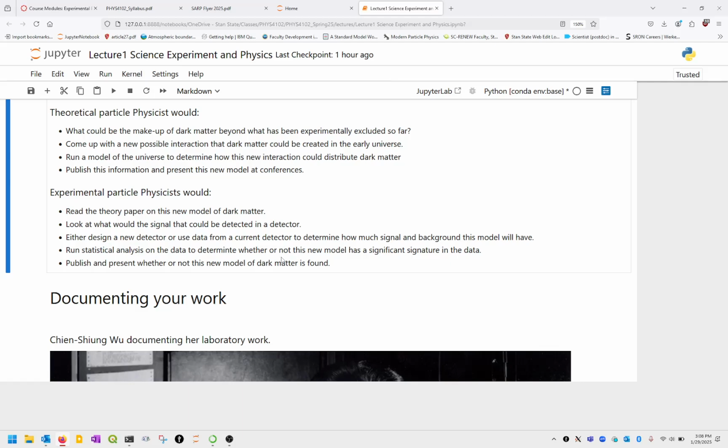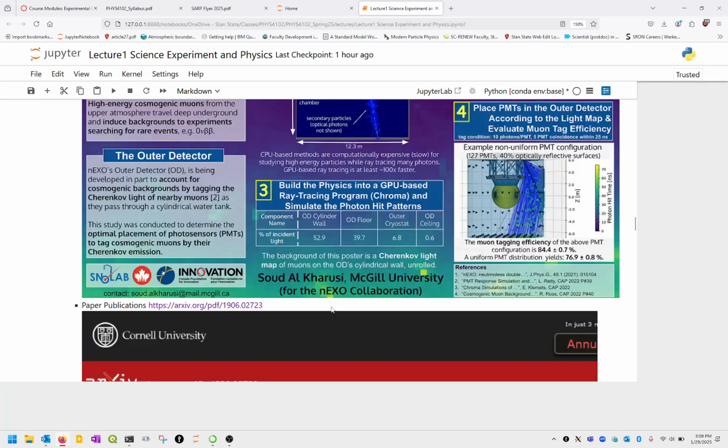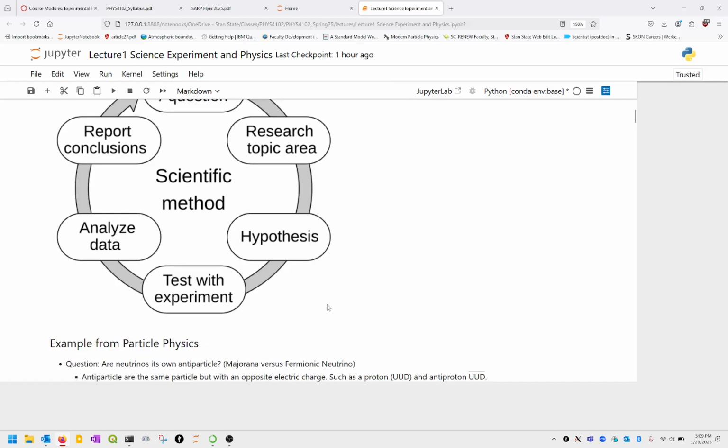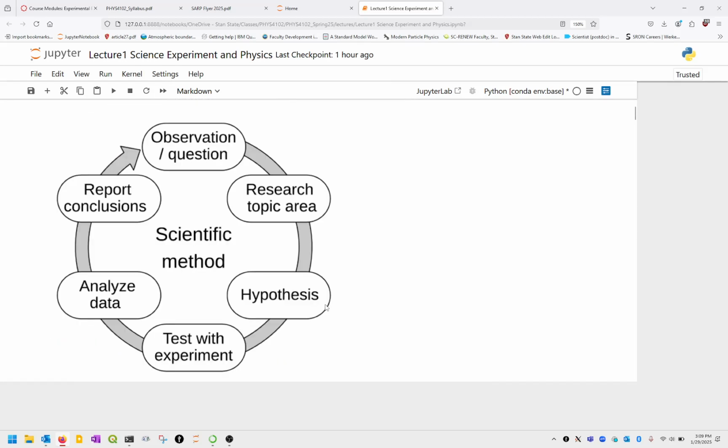So you see that in this particular field, the scientific method is applied, same as the atmospheric scientists, but it's done by different groups of people. You can have a cutoff point here, and then the experimentalist does the rest.